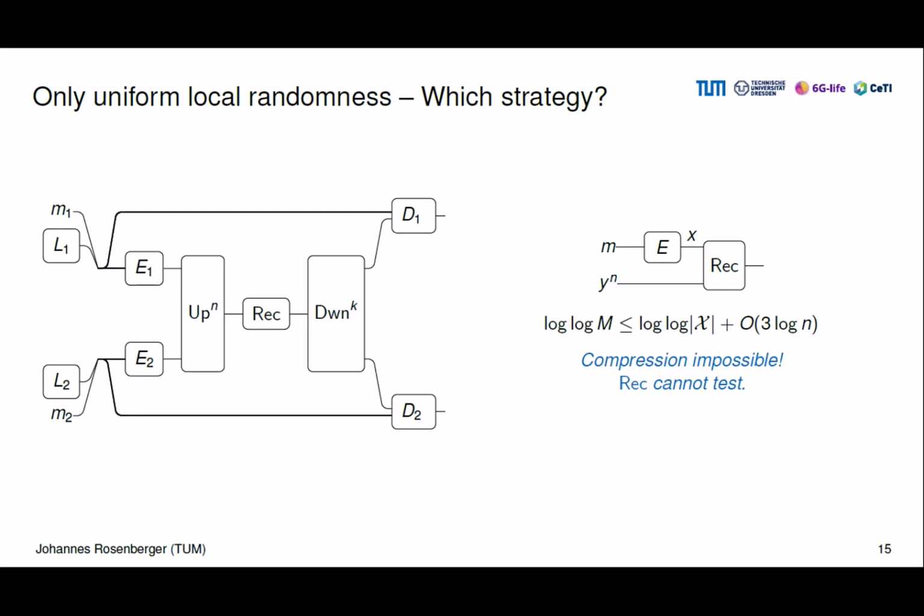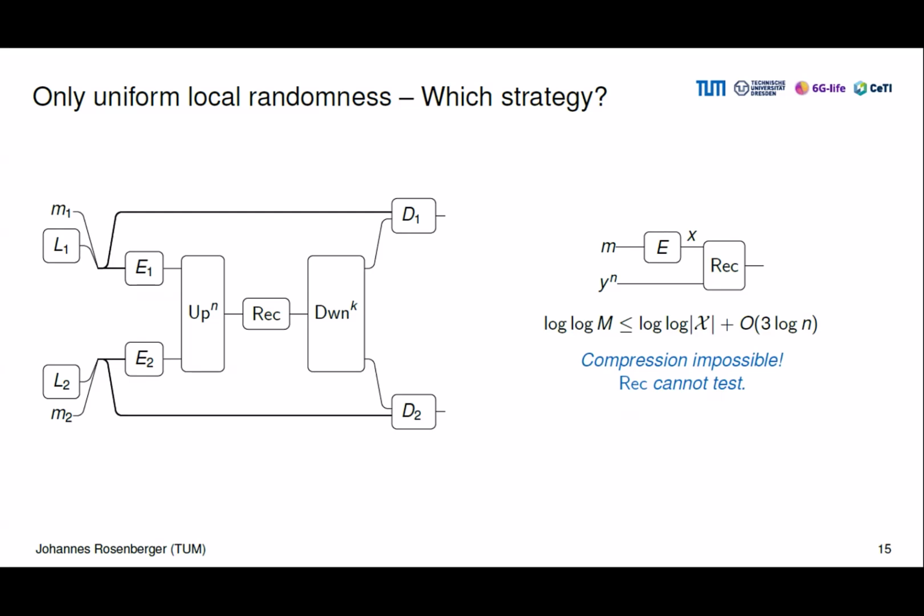So this picture on the right is general. We have a channel from M to X. We have some other channel from X and Y to something. If this picture is able to compute any function, basically reliably, any function of M and another argument, then this inequality below holds.